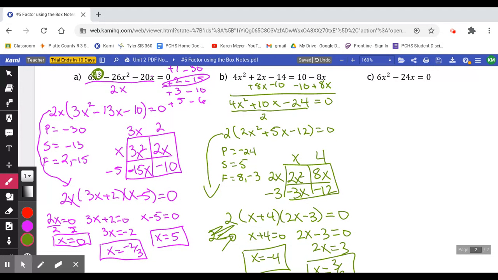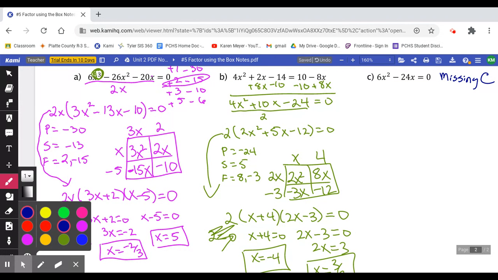Last one. Okay, this one is unique because it is also missing a term. But this time we are missing C. We're missing the last term. If you're missing the last term, you can't do our regular factoring, because if you try to do our regular factoring, that would make your product 0. And we can't have a product of 0. So if you're missing C, all you can do is a GCF.